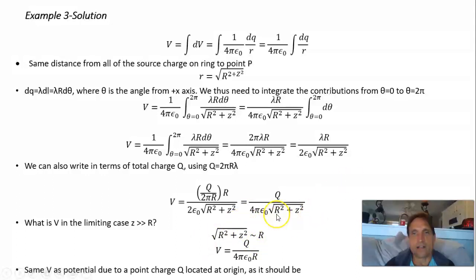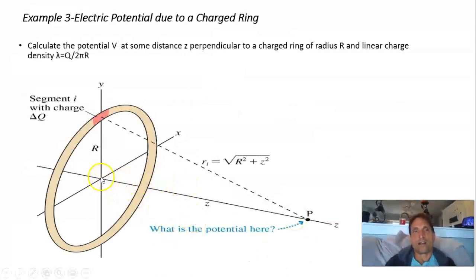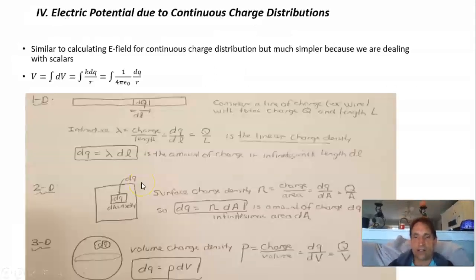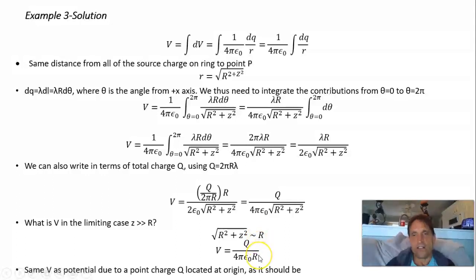And then the potential is q over 4 pi epsilon z, and that's just the potential of a point charge located at the origin. This should be a z in here, I have to fix that. I'll fix that in the notes before I upload it.